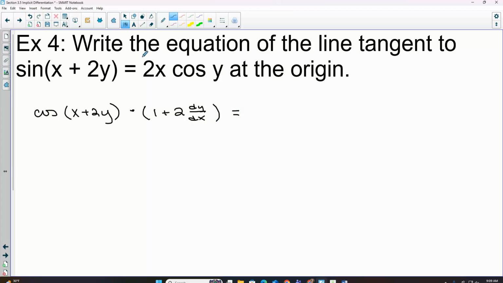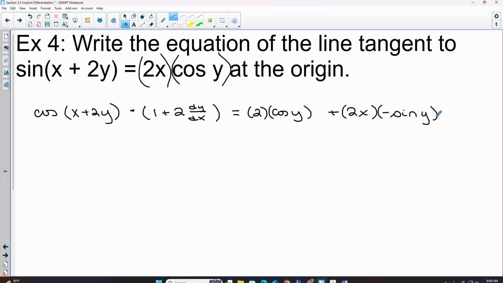dx. Okay, on the right, we have a 2x times a cosine y. So we have things being multiplied, so we have product rule. So derivative of the first is 2 times the second plus the first times the derivative of the second. Derivative of cosine is negative sine.